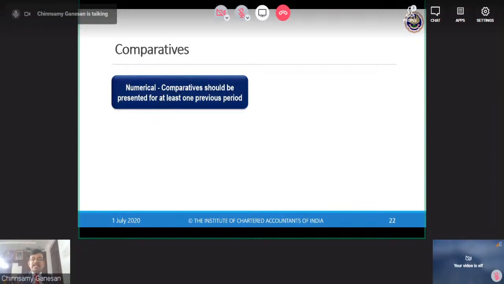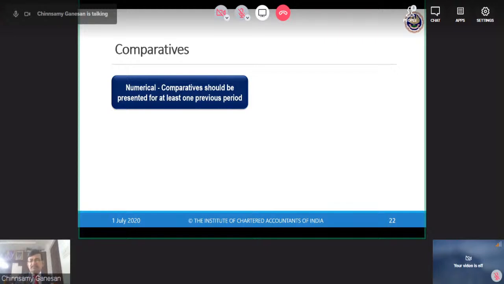For example, in the balance sheet, current year numbers are numerical and comparative numbers will also be numerical. When you go to notes and accounts, you may have narrative information such as: in the previous year, the company was having some forward contract, and during the year, the company is not having a forward contract because they have changed the method in which they are hedging their risk.